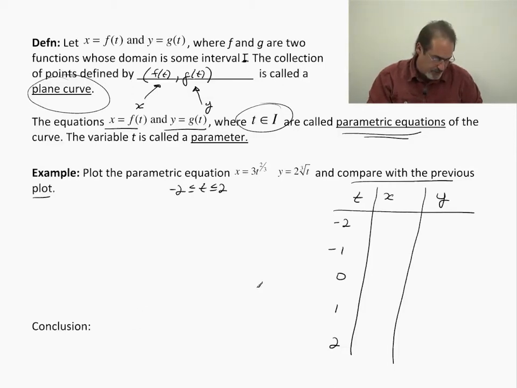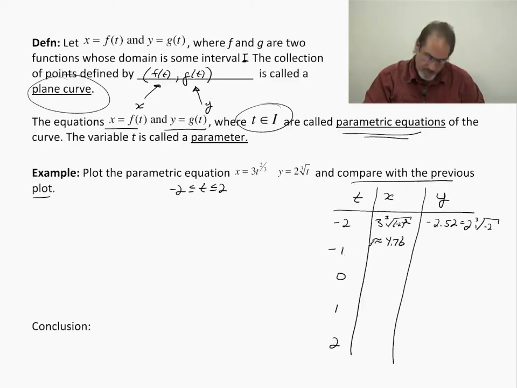And when t is -2, I'm going to have 3 times the cube root of -2 squared. That's actually approximately 4.76. I need that approximation so I can actually put it on the curve. And y is going to be a negative, well, roughly approximately -2.52. And that's the 2 times the cube root of -2.